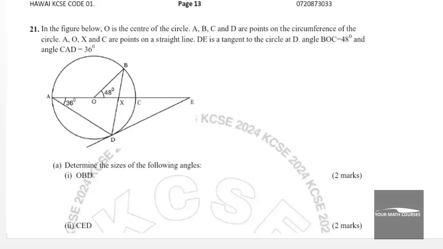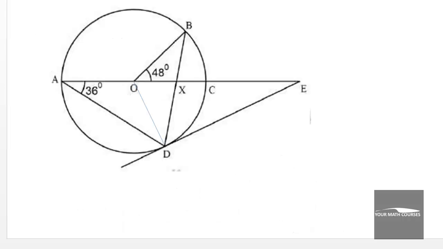So, to find the size of angle OBD, let us introduce this radius OD, as you can see in the diagram. If that is the case, then you agree that the angle here is supposed to be 36 degrees. Then we can find the angle here, and that should be equal to 36 plus 36 using the exterior angle theorem, which is 72 degrees.